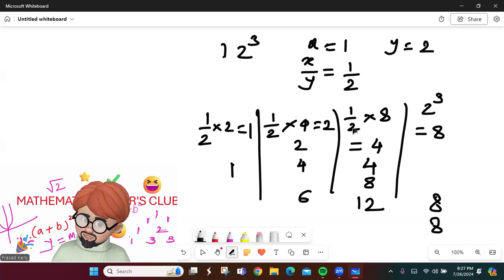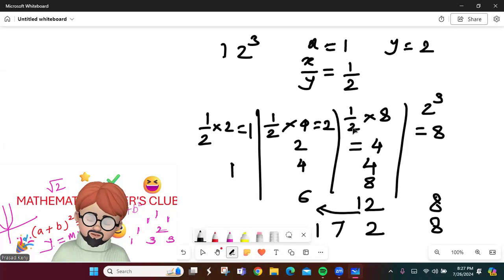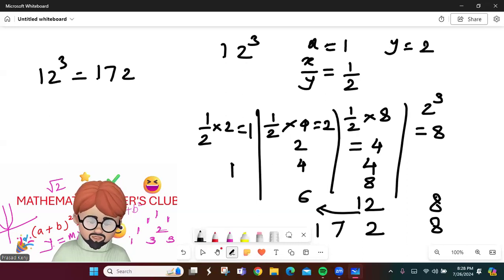So 8 here, I'll keep only 2 here, carry forward 1, 6 plus 1, 7, and in the last partition there is 1. So finally, I'm going to get 12 cube as 1728.